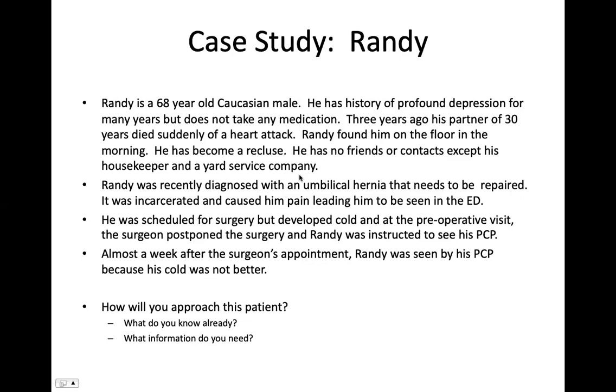All right, so okay, what we do know is that he's got a history of depression. It's a pretty profound history of depression. He has an umbilical hernia that needs to be repaired. It was incarcerated. So it's kind of like we really want him to get that done, but he can't get it done because he's sick right now.